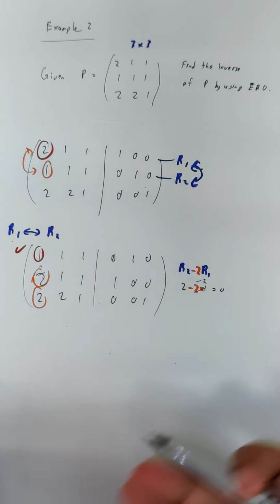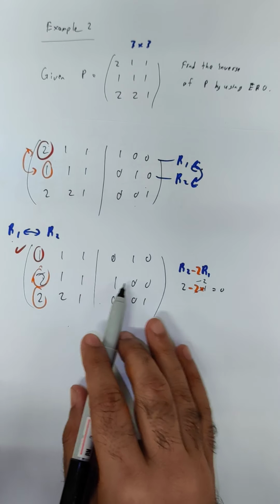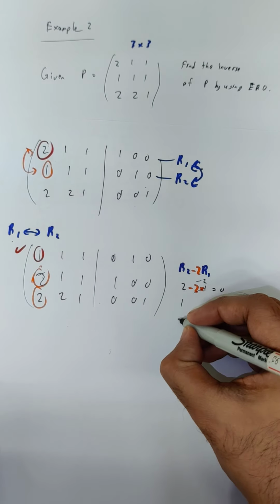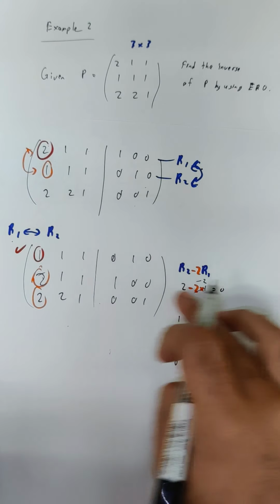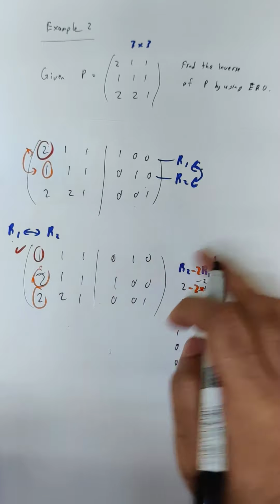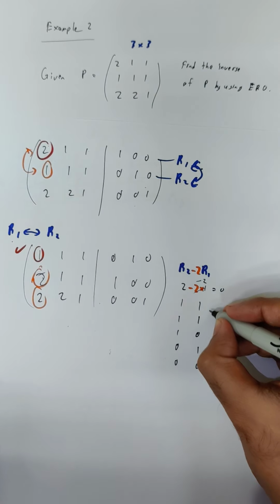You need to apply the same thing for the rest of the row. So the rest of row 2 is 1 1 1 0 0. And the numbers above them are 1 1 0 1 0.